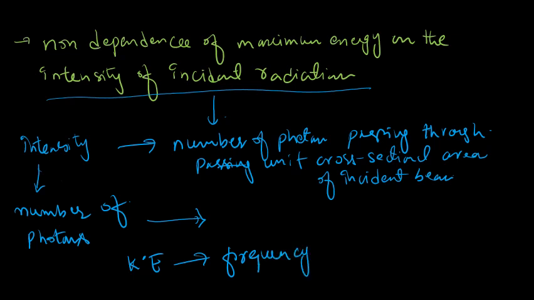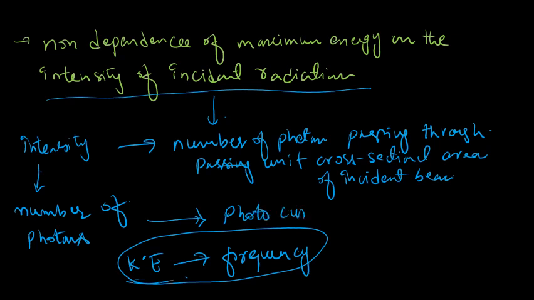The kinetic energy of the emitted electron increases only when we increase the frequency, but when we increase the intensity, it just increases the number of photons in the incident beam, and as a result the emission of photoelectrons increases, which results in an increase of photocurrent.